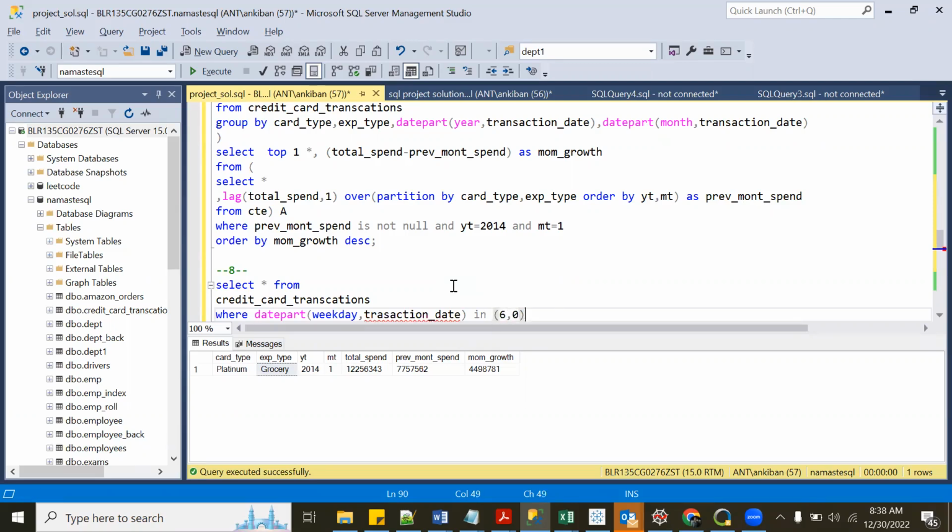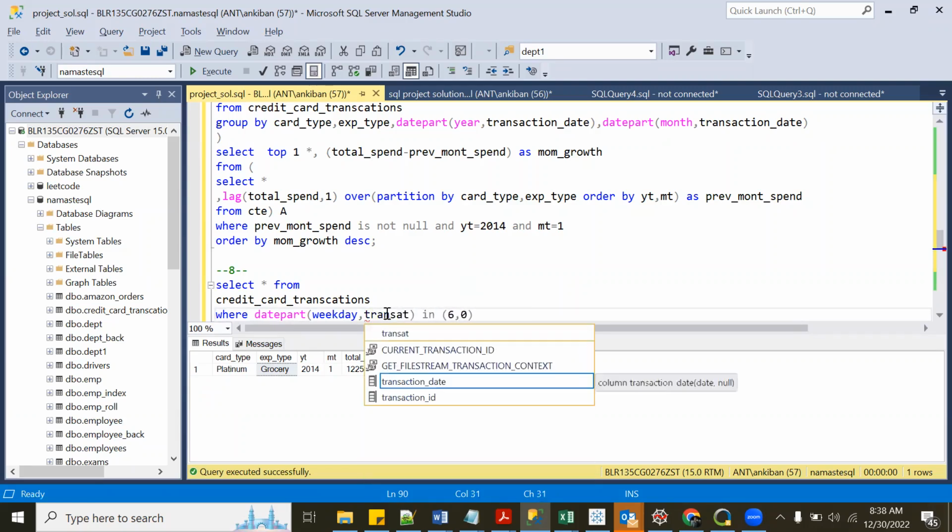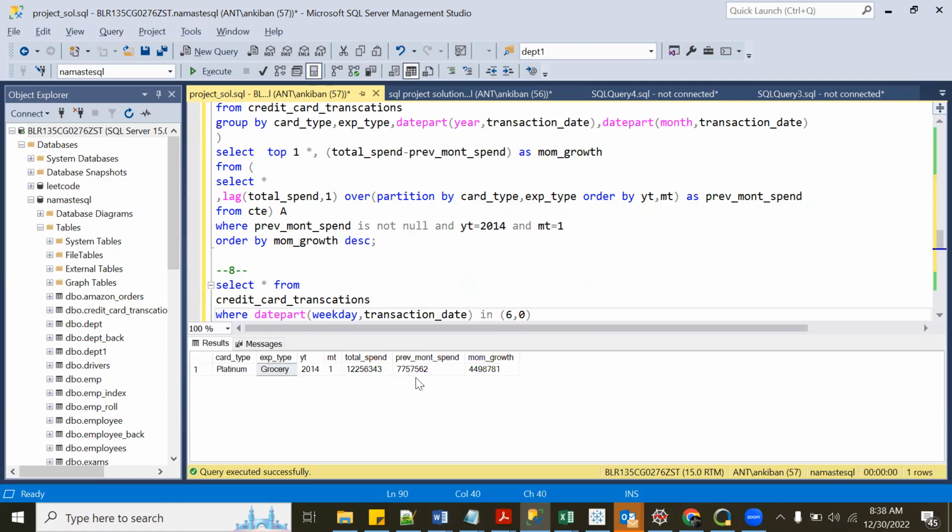Sir, we can use date name also. Date name, weekday, comma date. In the place of date part, we have to use date name. Got it. Date name, weekday, right? Yes, sir. Let's see in the output first what we are getting, and then we will use it.